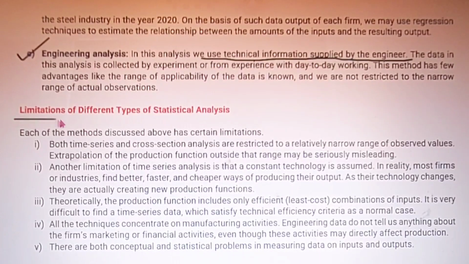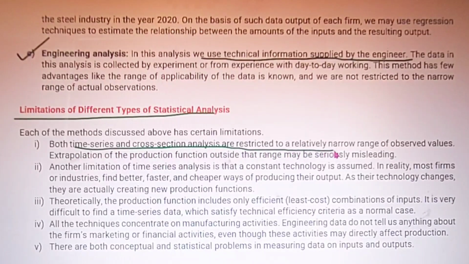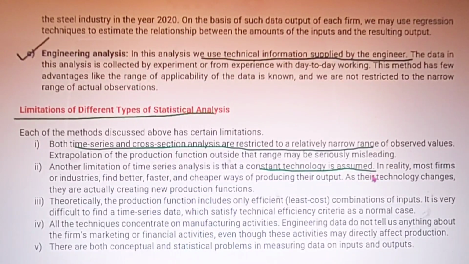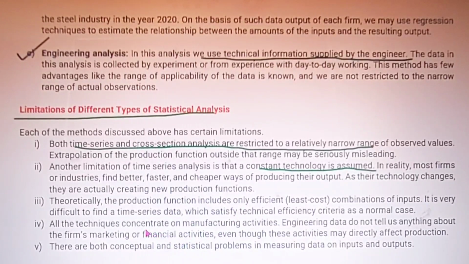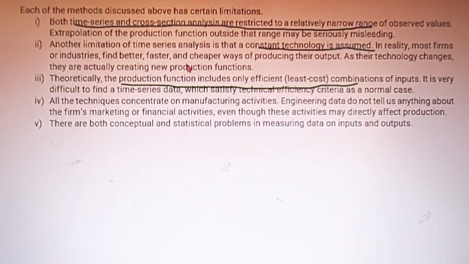There are a few limitations of different types of analysis. Both time series and cross section are restricted to a very narrow concept. Another limitation of time series is that the technology is changing rapidly, so it is not very dynamic in nature. The third one is, theoretically the production function includes only the efficient combinations, and the inefficient combinations of labor and capital are ignored.